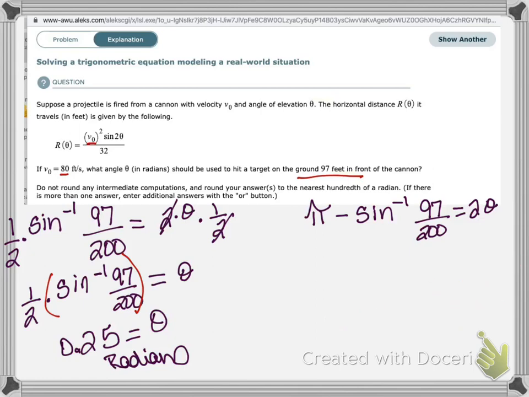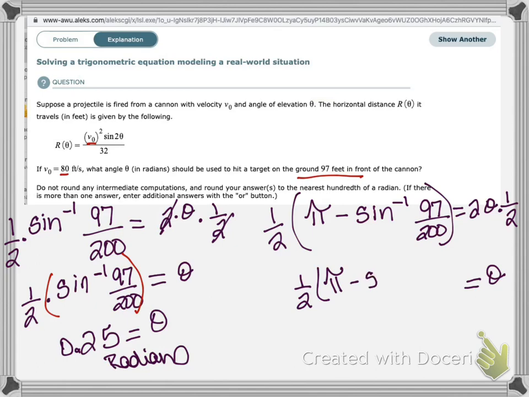So that's what we're going to do right here. We're going to multiply all of this times 1/2. So theta is going to be 1/2 times pi minus sine inverse of 97 over 200.